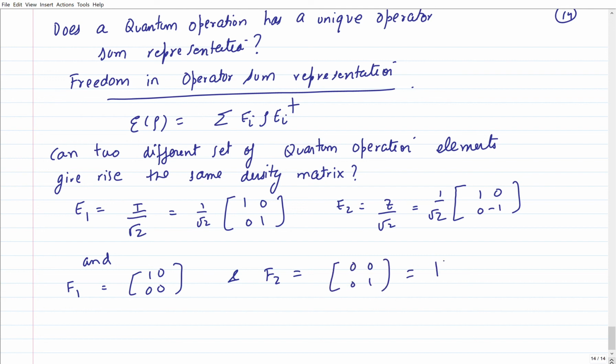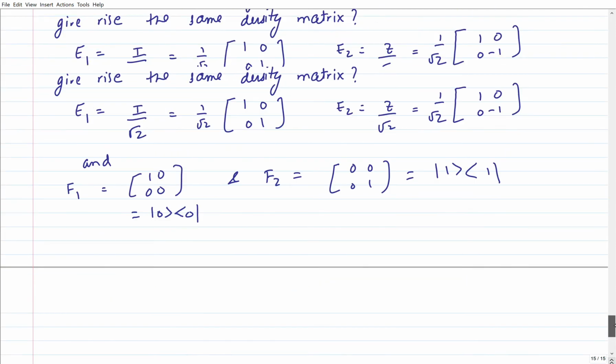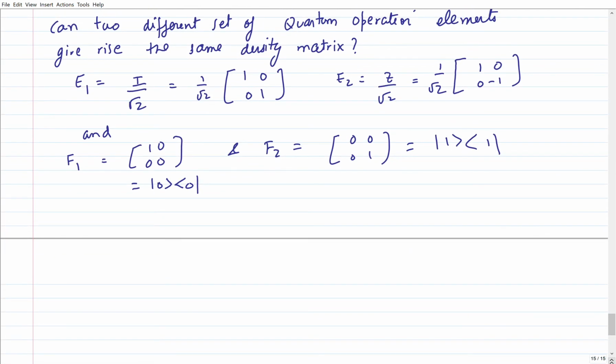And this is just the projector 1, and you guessed it, this is just the projector 0. So you can see these are, even in nature, two different operator sum elements. One is an identity and something to do with the z, the phase thing, and this is a projective measurement, 0, 0 or 1, 1.